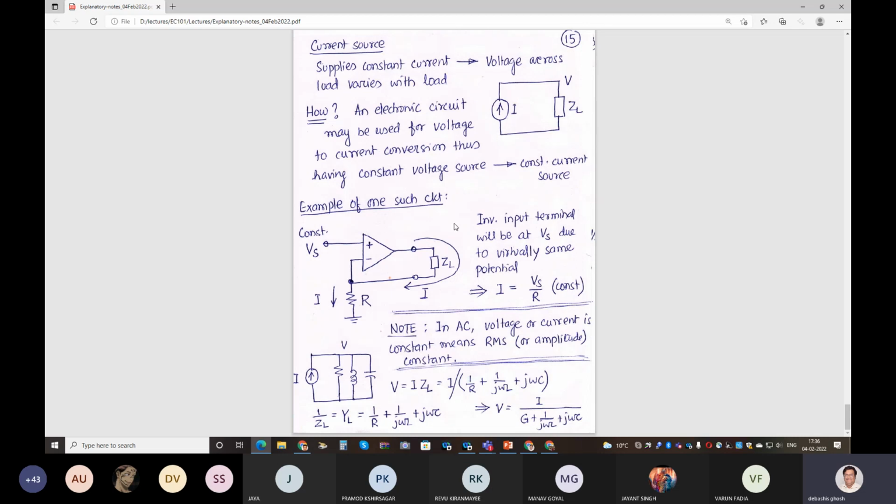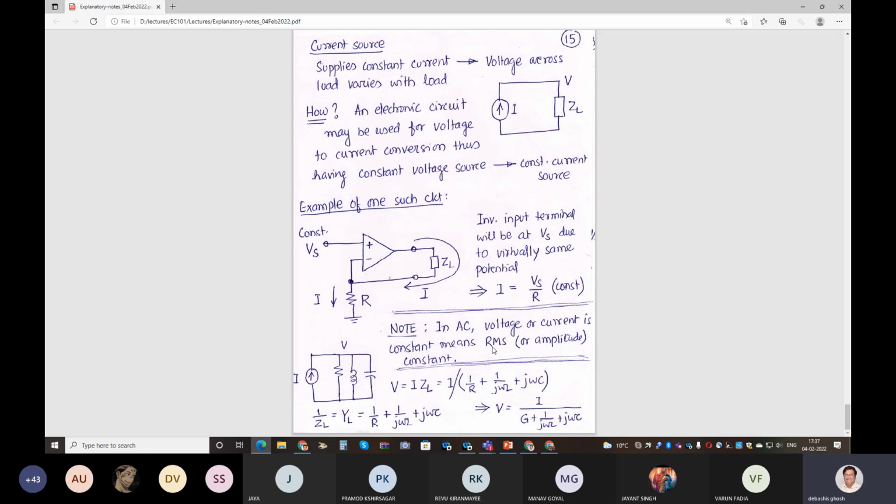One thing to note: in AC, when voltage or current is constant, we are considering the RMS or the amplitude, because RMS is nothing but amplitude divided by √2. So RMS is constant. The instantaneous value in AC current or AC voltage is not constant.